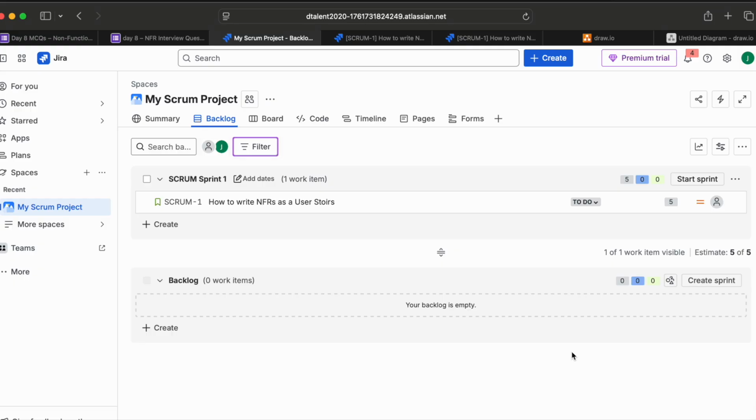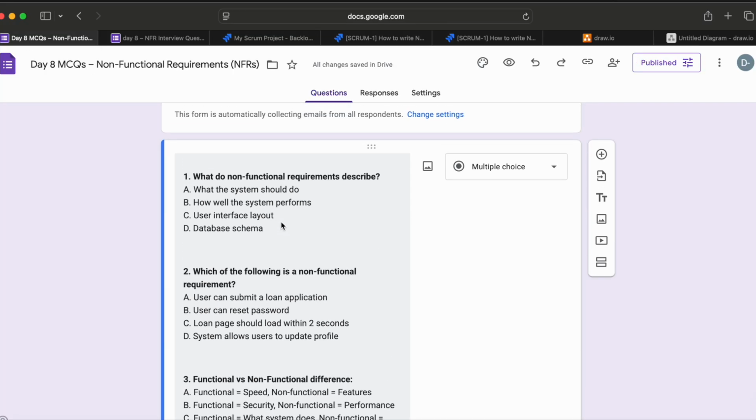Okay, so that's all about non-functional requirements. Now, time to check our knowledge. Okay, so what do non-functional requirements describe?